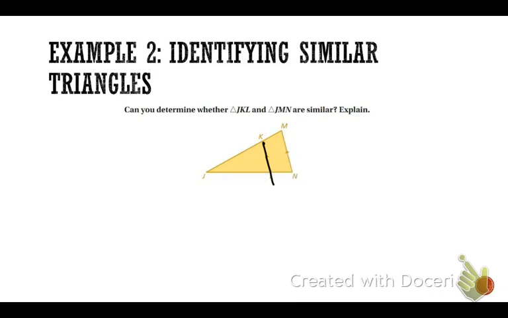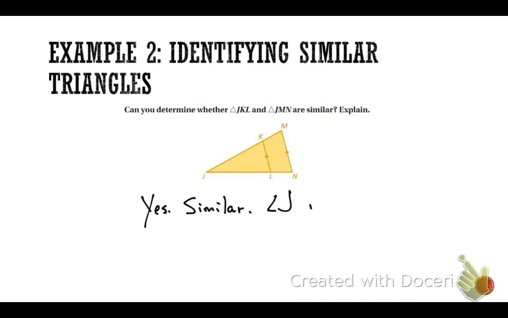So because the lines are parallel, I know that K and M are the same, and so are L and N. And they both share angle J. Look what happens with angle J. K, J, L, M, J, N. J is the same angle on both triangles. I can see that all three angles are congruent. So yes, they are similar.